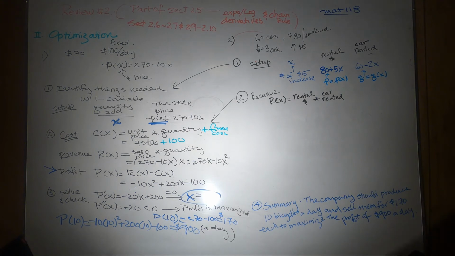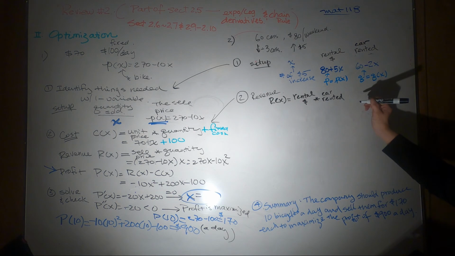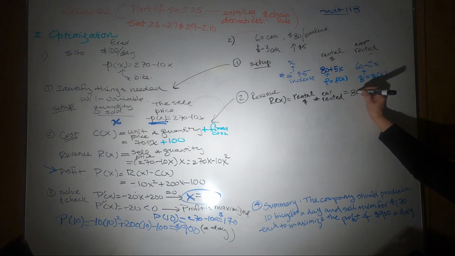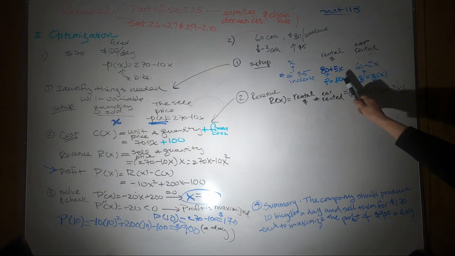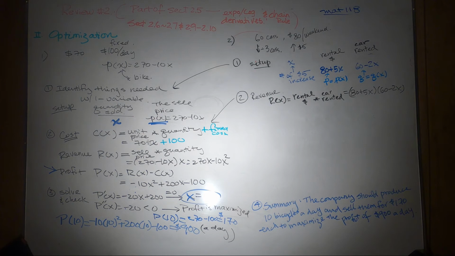You have to find how much you rented to the people for each car, how many cars you can rent, right? So that will be 80 plus 5x, 60 minus 2x. Those two things are the most difficult for you to organize, right?